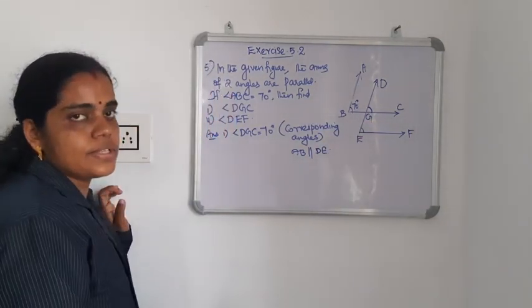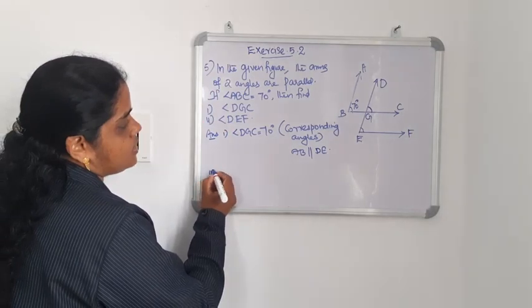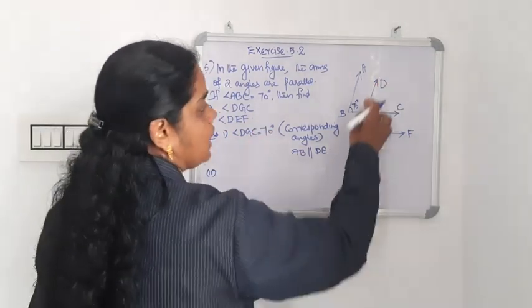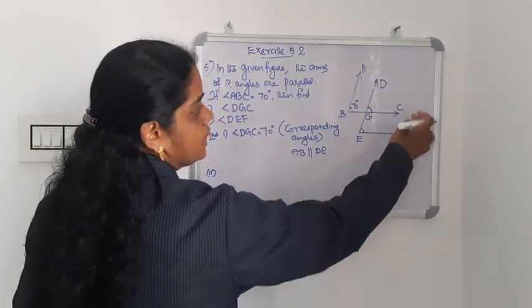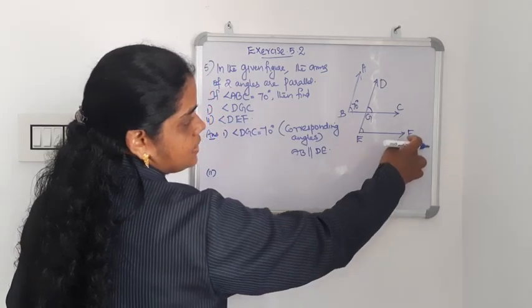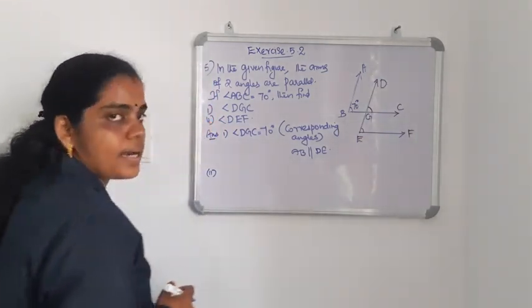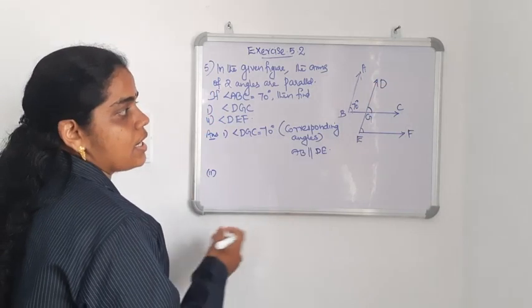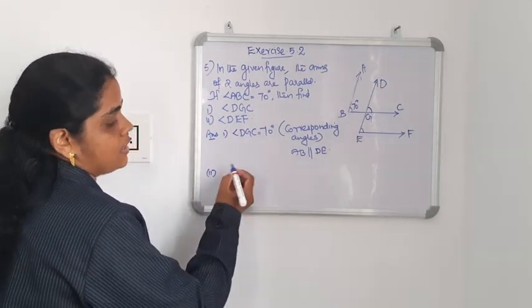This is the first question. Then the second question, DEF. In this case, we can take these two arms as parallel and this as the transversal line. There also we can apply the corresponding angles property.